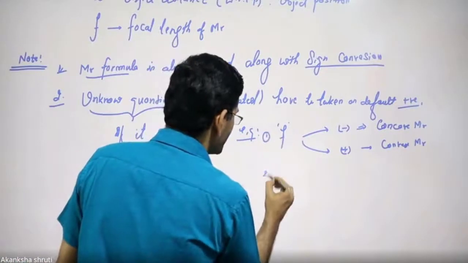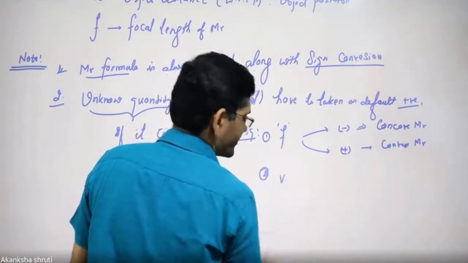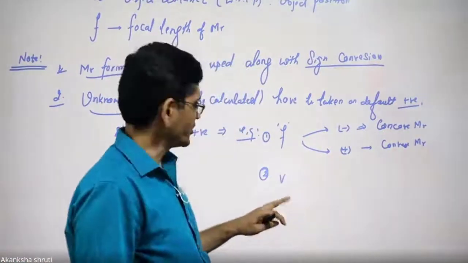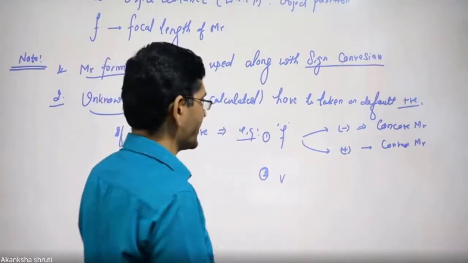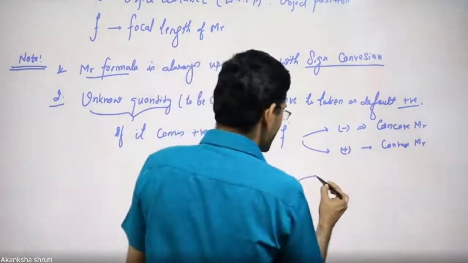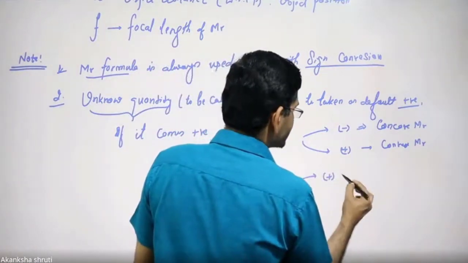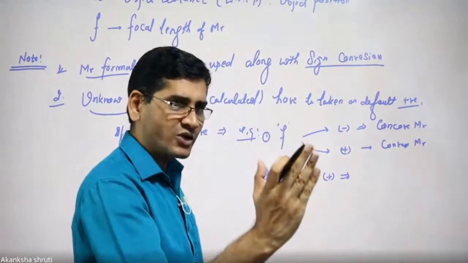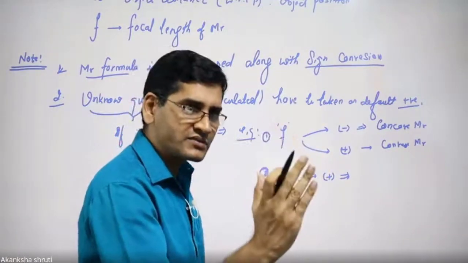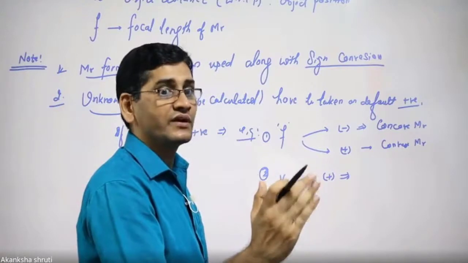Even if you need to calculate v, the position of the image, which is unknown, that we will calculate by using the mirror formula. If it is coming as positive, it simply means the image is on the right hand side of the mirror. It means the image is virtual.